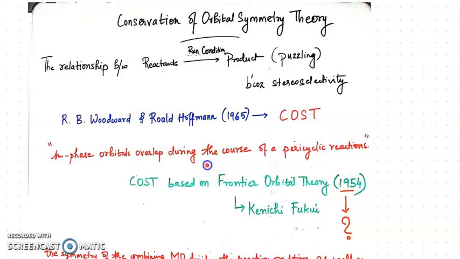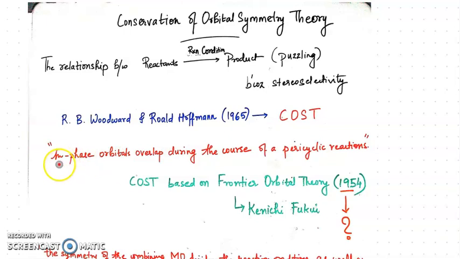Right now, let me give you the definition of this conservation of orbital symmetry theory, which states that the in-phase orbitals overlap during the course of a pericyclic reaction. So that means during the course of a pericyclic reaction, the orbitals that overlap are in phase.